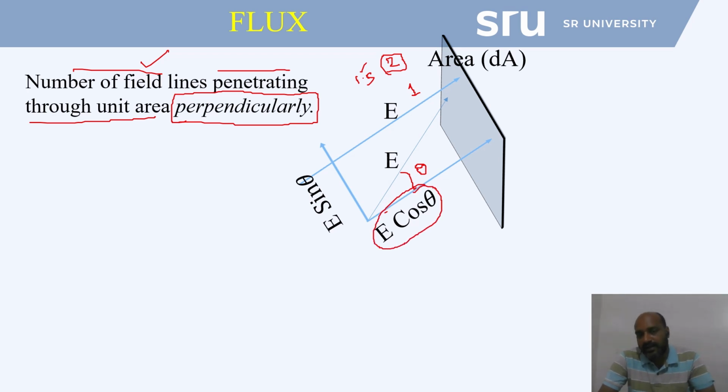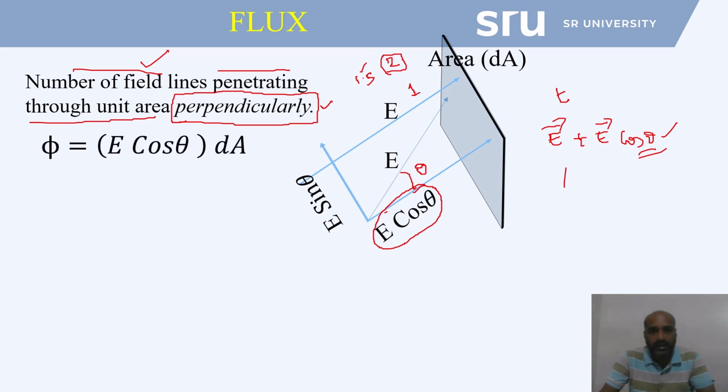E sin theta is not passing through the surface perpendicularly, only E cos theta is. So what should be the flux? The first line's total magnitude E, but for the second line only E cos theta. That's why the standard way to measure is only perpendicularly.